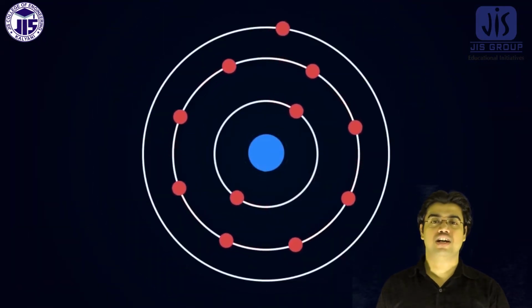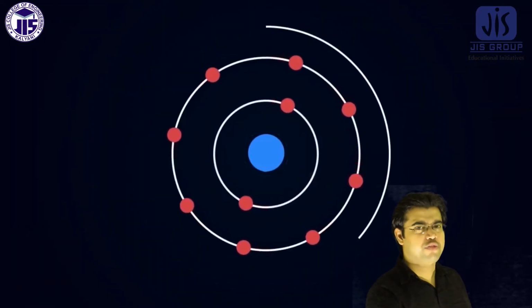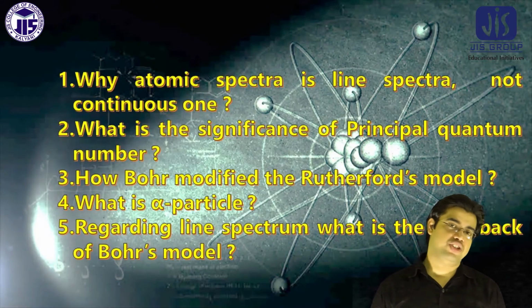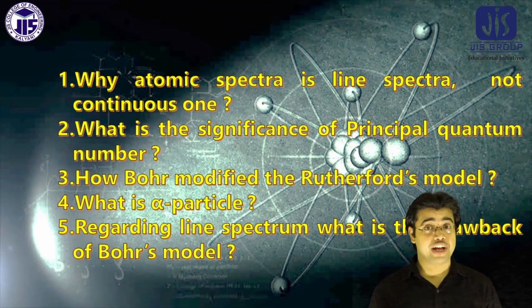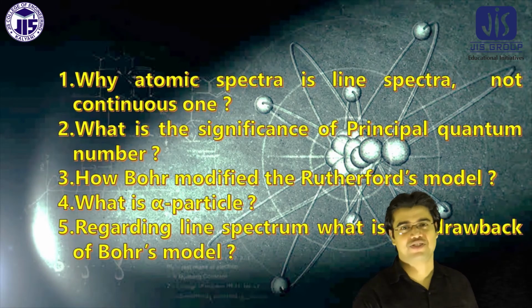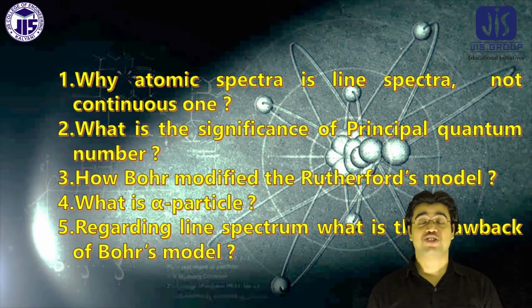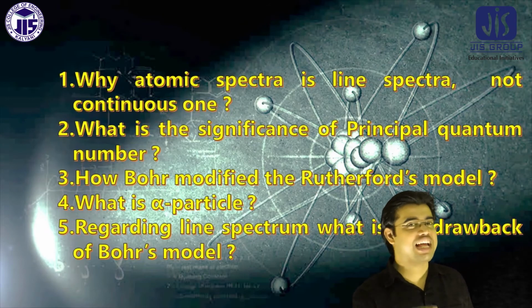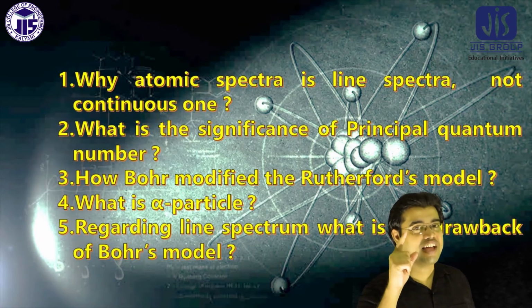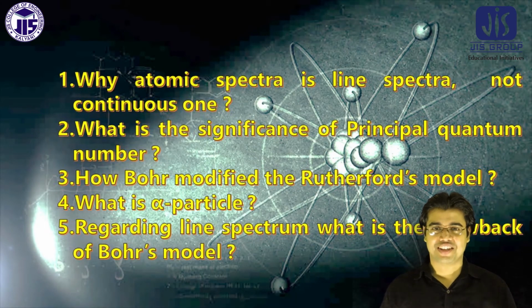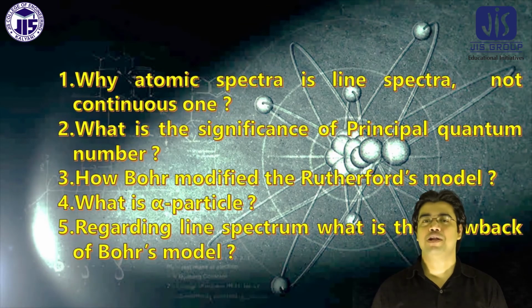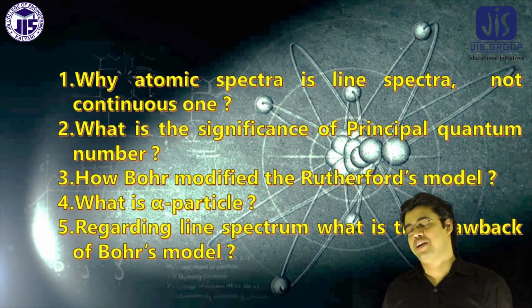And the second answer I already discussed a little in the first question: if the atom does not emit energy continuously, there is no question of getting a continuous spectrum. So obviously we get a line spectrum, because only when an electron jumps from a higher to a lower orbit can we get the spectrum or the energy, otherwise not. So we should get a line spectrum, and experimentally we do get a line spectrum.